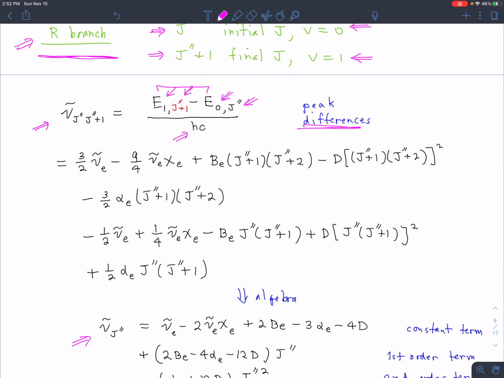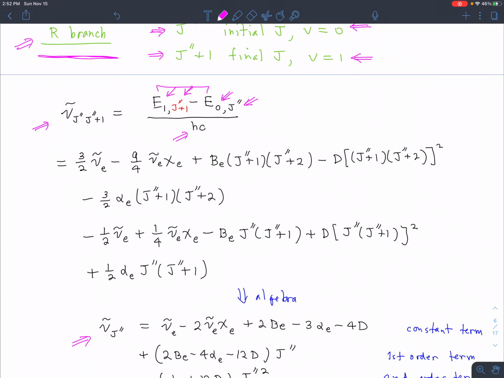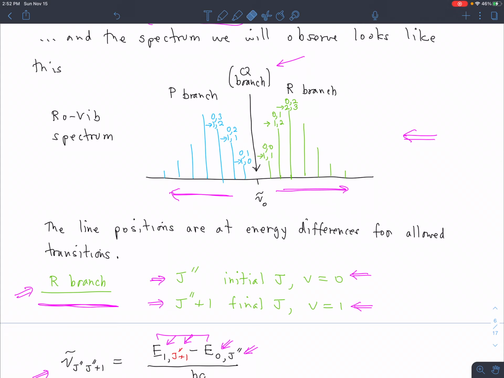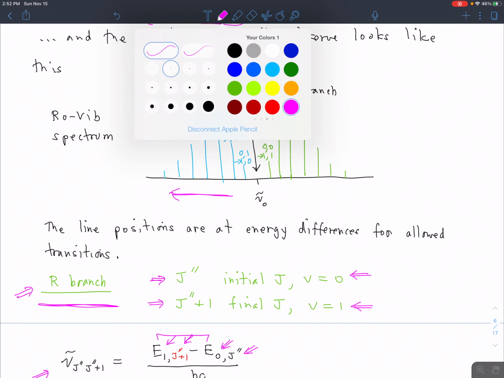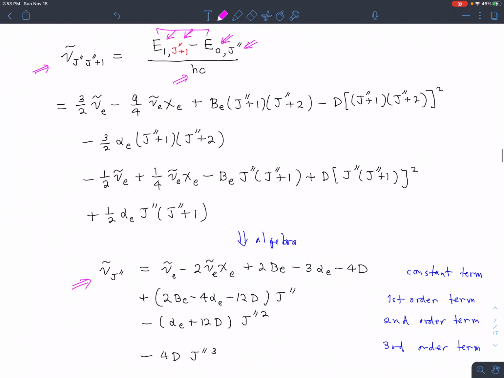These are peak positions. Sorry, I was saying the wrong thing. We're not looking at differences here. I hope that I don't confuse too many people with that. That was just wrong. We are going to look at peak differences later, but not now.